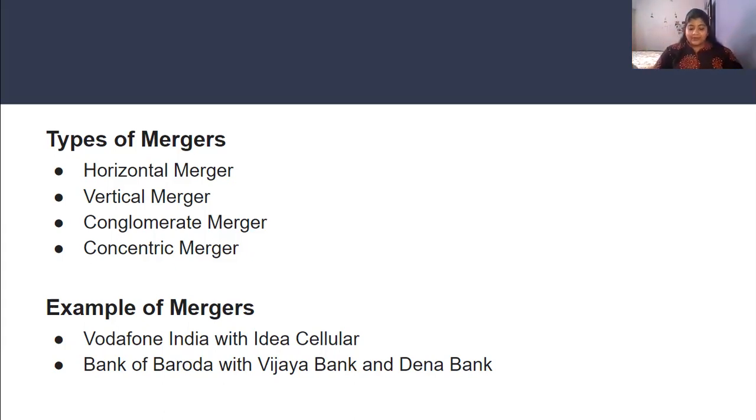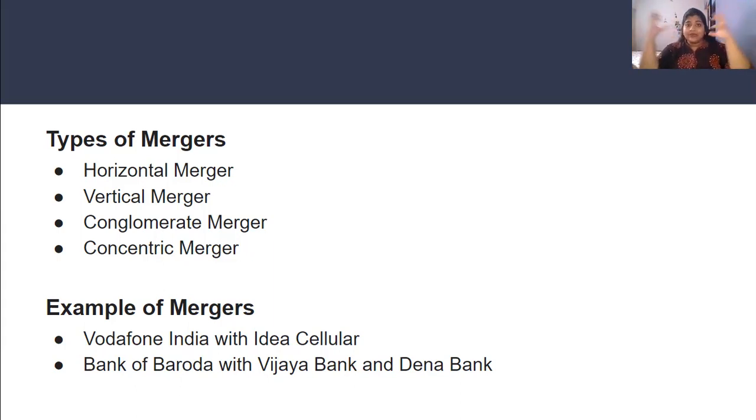What is conglomerate merger? Conglomerate merger is when two companies in different industries join forces and form one single company in order to broaden the range of services and products. For example, company A is dealing with cosmetics, whereas company B is into FMCG products.